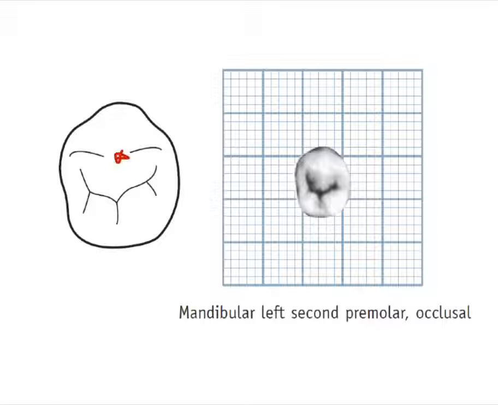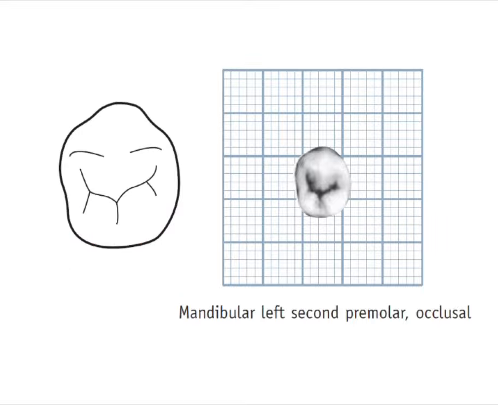Here is the location of the buccal cusp, and you can see as for the left-sided teeth, this is the mesial and this is the distal. We have a larger mesiolingual than distolingual cusp.